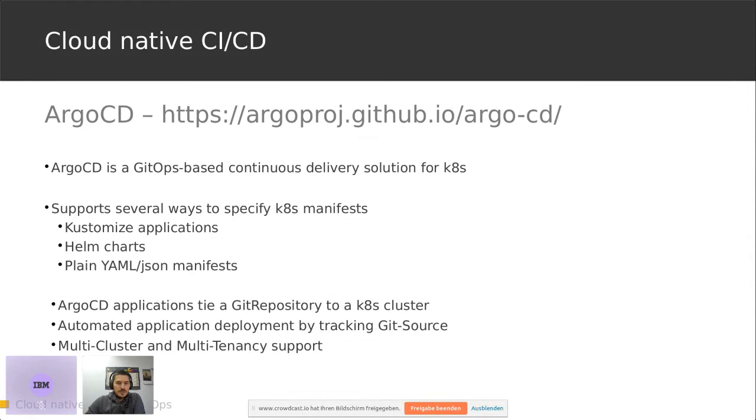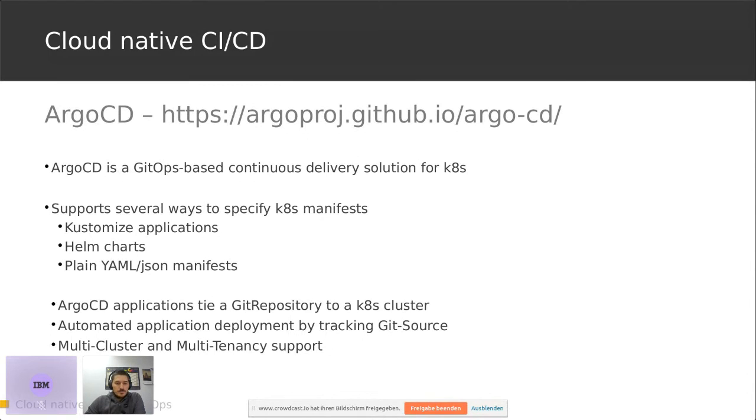So we can specify different applications or definitions on how to deploy our application to Kubernetes. For example, it can be Kustomize applications, it can be Helm charts, or plain YAML files, and there are even some more. But today we will just use plain YAML files for our short demo.